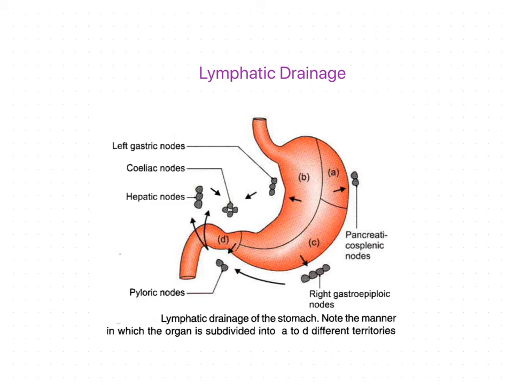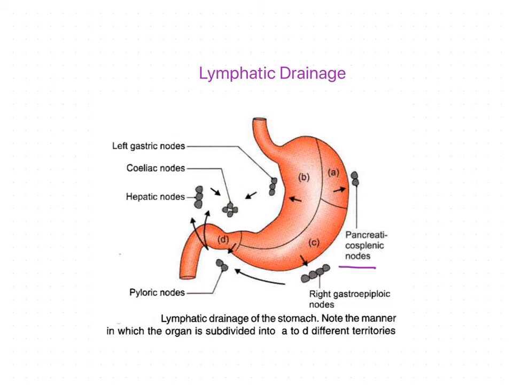The lymphatic drainage of the stomach is done by the lymph nodes which surround the stomach, and this is divided into areas, that is area A, B, C and D. Area A, that is upper part of the left 1/3, drains into pancreato-splenic nodes.